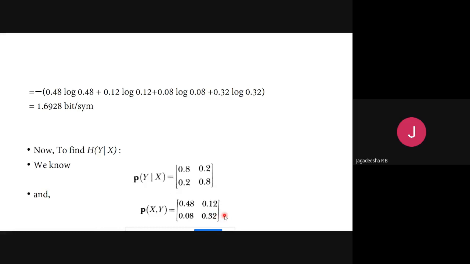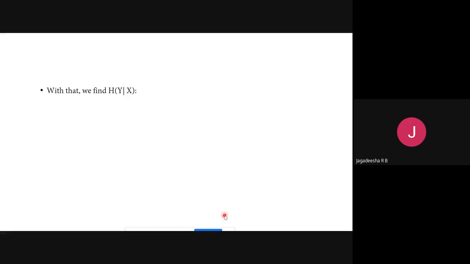Okay. Since we know these parameters already, we will move towards finding the conditional entropy of the output. What is the equation to find the conditional entropy? Conditional entropy is the joint probability multiplied by the log of the conditional probability, right? So this is the equation. Here again you have two summations, one for the input and the other for the output.